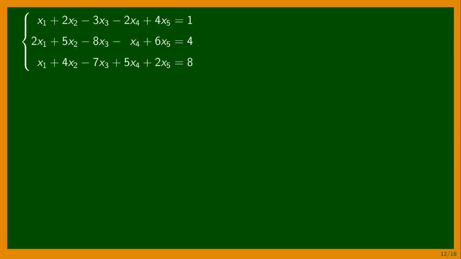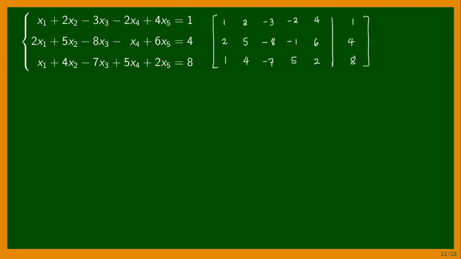So this is now a 3 by 5 linear system. We have 3 equations, each in 5 unknowns. So we first write down the augmented matrix of this linear system. As you can see, this already serves as a pivot for the first row.